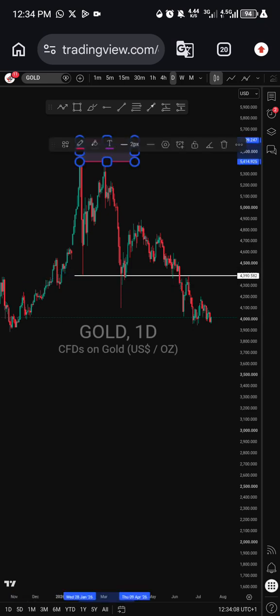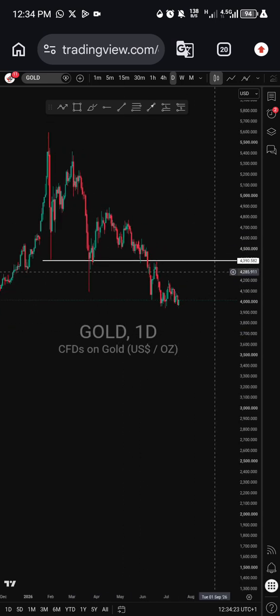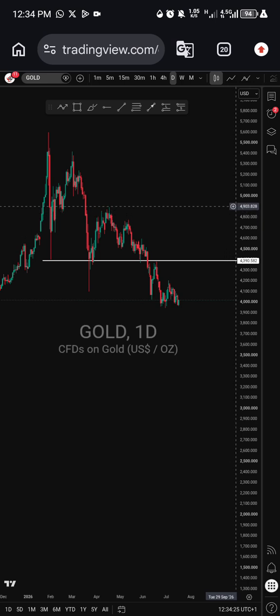So boom, something happened. So right here we had the indication, there was a correction here. So we had our correction. Okay.